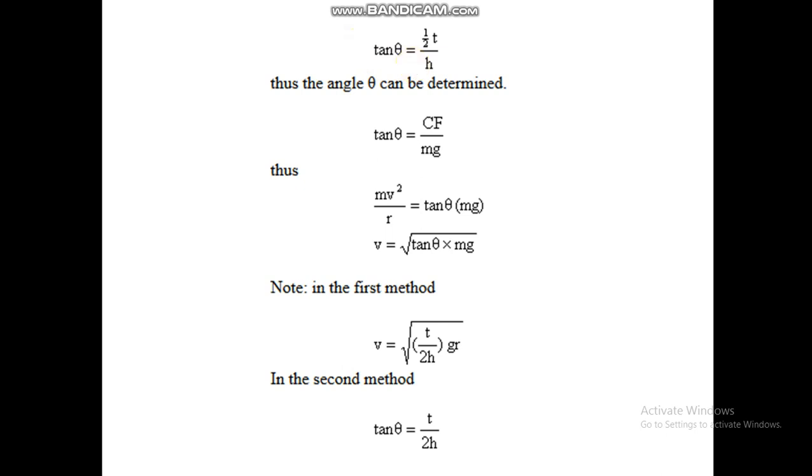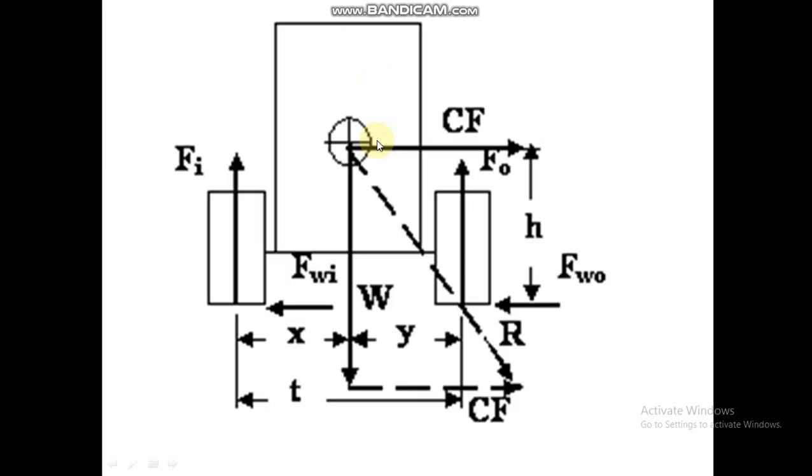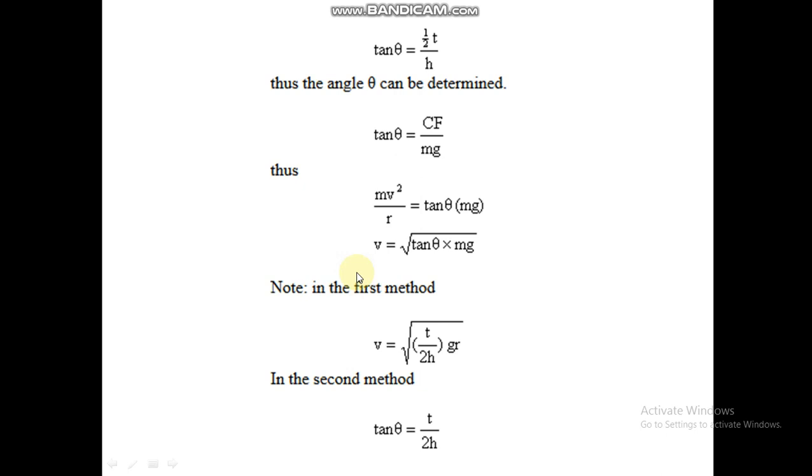Or we can also write tan theta, this horizontal distance, in terms of forces. The centrifugal force is acting towards the right, so CF upon W. So tan theta can also be written as CF upon W, CF upon mg. CF is written as mv square upon r, so mv square upon r is equal to tan theta into mg.